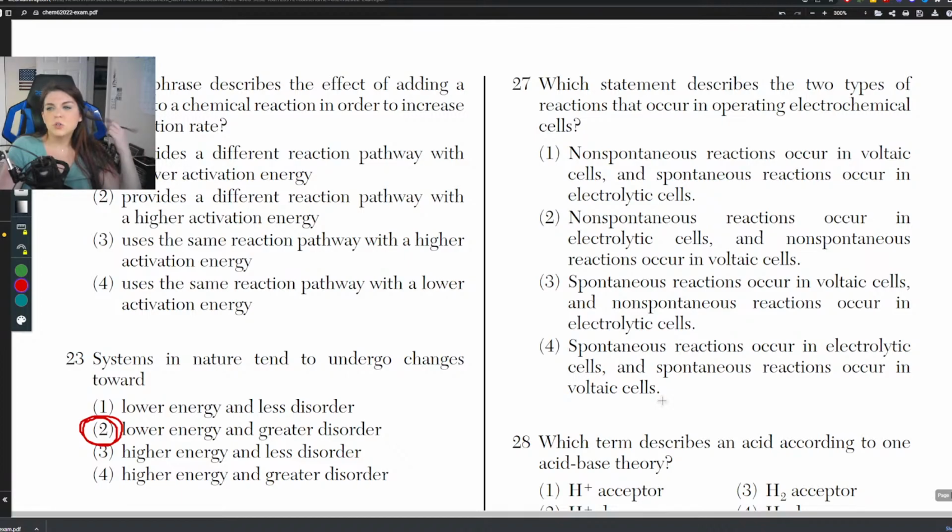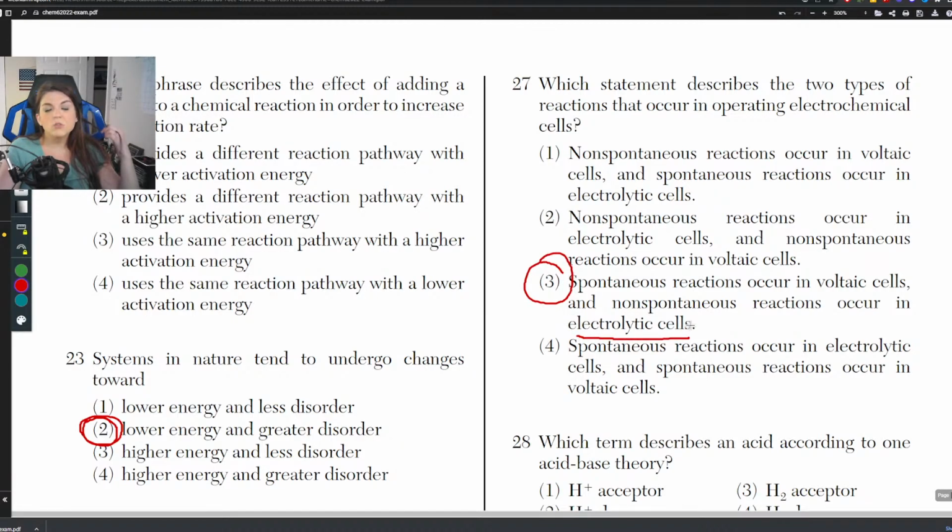When you connect two metals, metals are just trying to lose electrons. And whichever one is, quote, the more powerful metal or higher up on table J is going to push its electrons through the wire and send them over to that other metal. And that is a spontaneous thing when the metals are in contact with each other. So that is spontaneous in the voltaic cell, but it's non-spontaneous in the electrolytic cell.